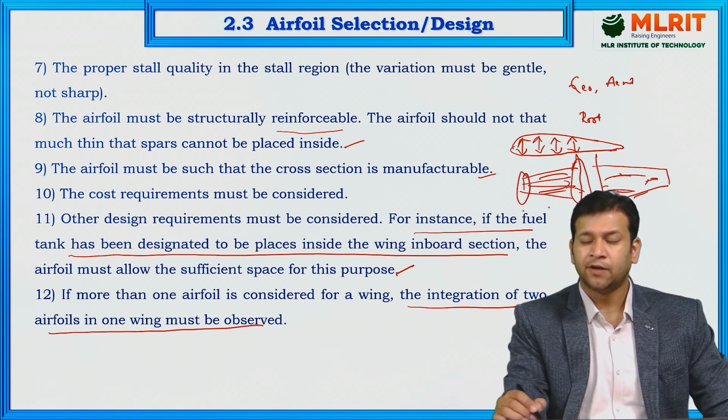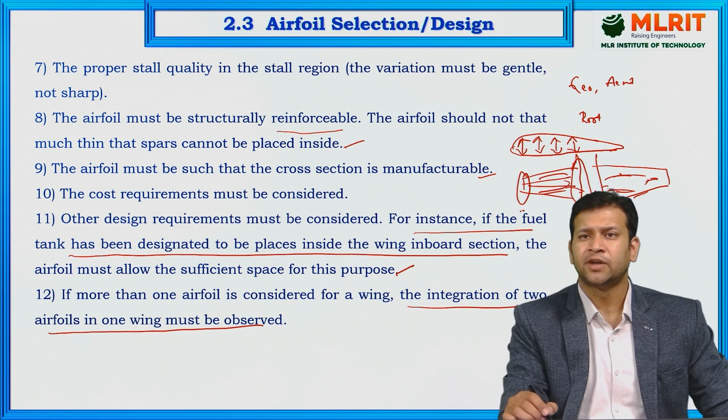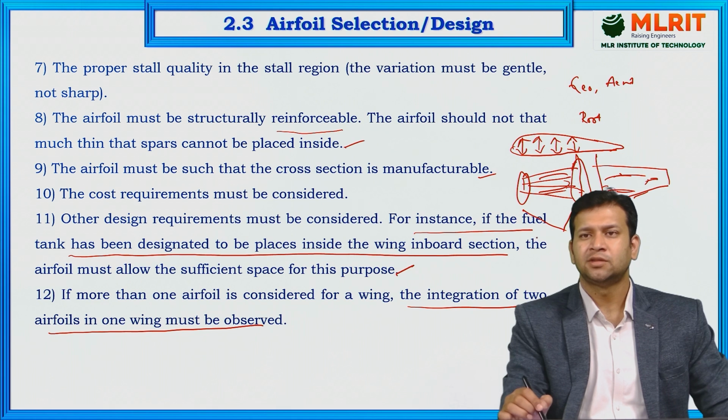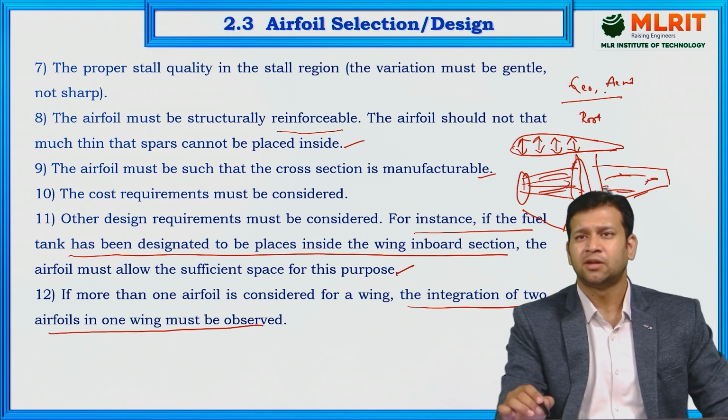If these two are different airfoils, root airfoil is different and tip airfoil is different, so how are we going to integrate them? Even that has to be observed very carefully. The calculations have to be done accordingly, and we have to ensure that it is structurally integrated very solidly.